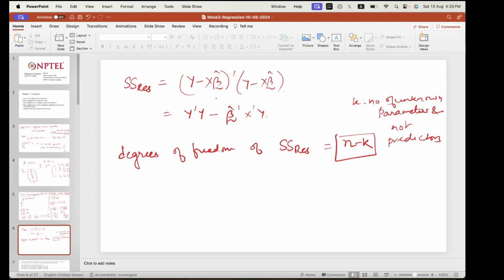So SS residual is this thing, and if somebody asks what the value of SS due to regression is, it would be y transpose y minus this.